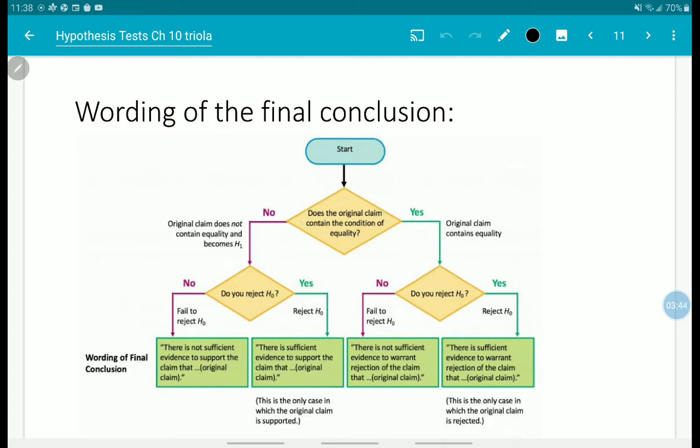So we're going to start out with this statement. There is sufficient evidence to support the claim that. The only difference between these two is that one little word there, not. But that not makes a big difference in that final answer. So our statement's going to say, there is sufficient evidence to support the claim that, and then we're going to insert that claim about U.S. airlines.